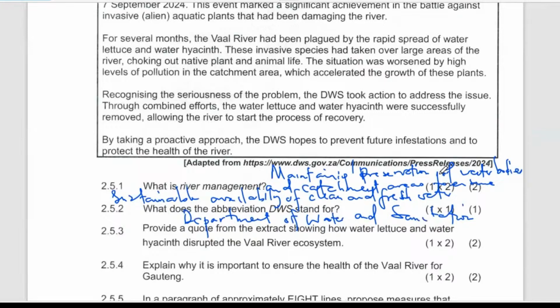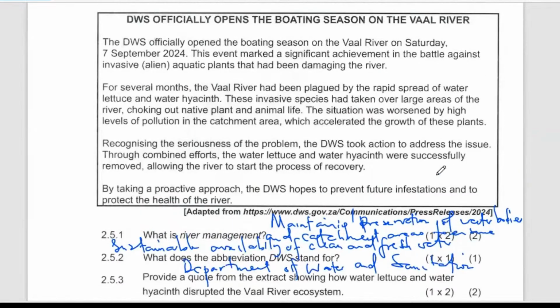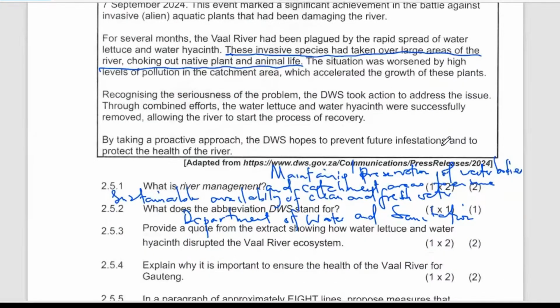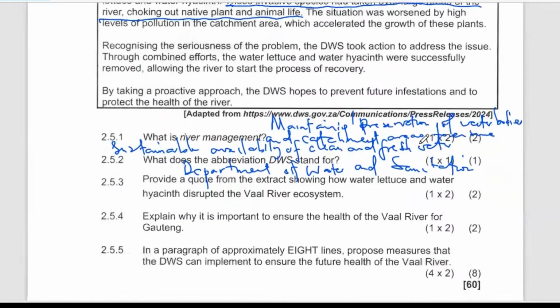We can check in the text. It says, "For several months, the Vaal River had been plagued by a rapid spread of water lettuce and water hyacinth, choking out native plants and animal life." So that is the implication. They have disrupted the Vaal ecosystem. They are choking out native plants and animal life.